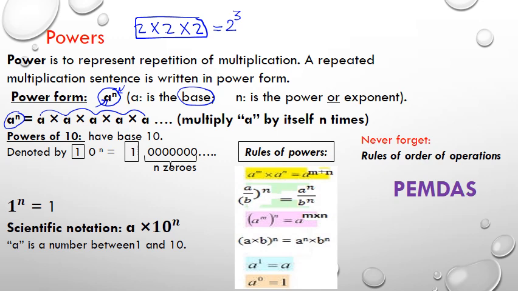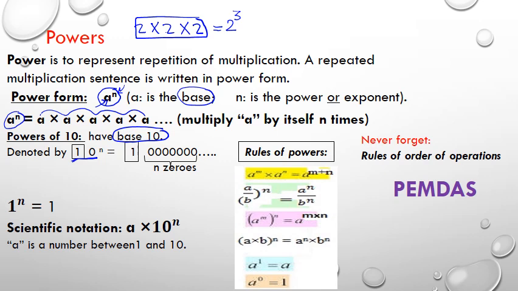Powers of 10 are special cases of powers. Any power having a base 10, if we look at the base and we find a 10, then we call this power a power of 10. We denote powers of 10 by 10 to the power n. So the base is 10 and the power depends on the number of zeros.